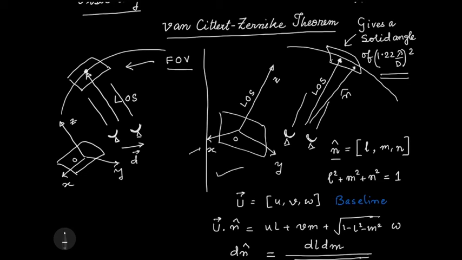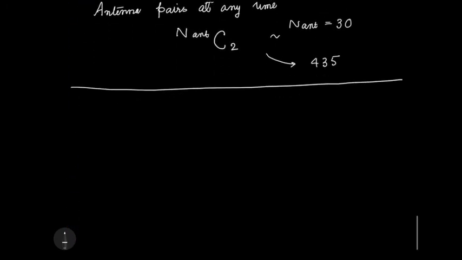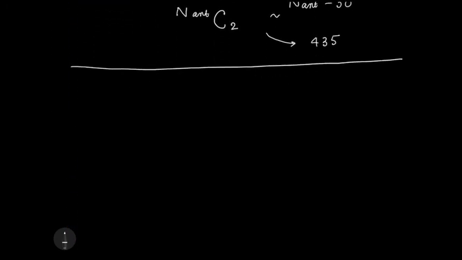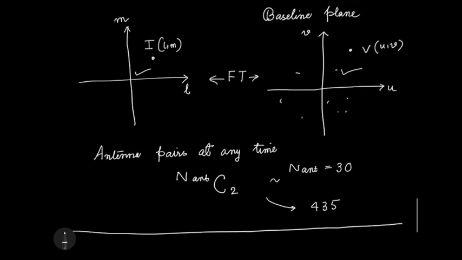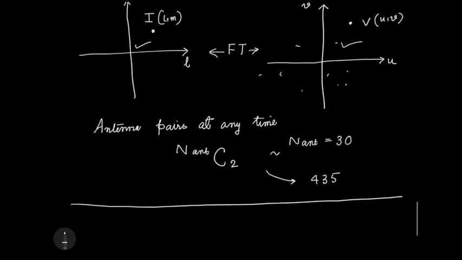So at some point it is looking at this direction, at some point it is looking at that direction. So let us look at two antenna pairs and try to figure out what will be U and V. And for the time being, so usually U is along the east-west direction. So let us reduce one dimension and we say that our antennas are separated only in east and west direction.